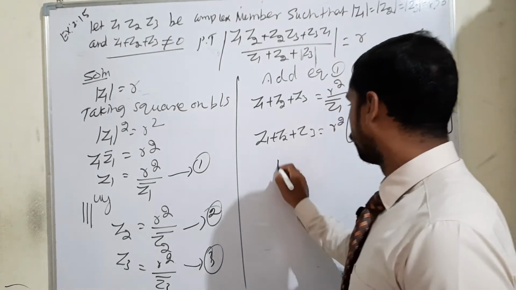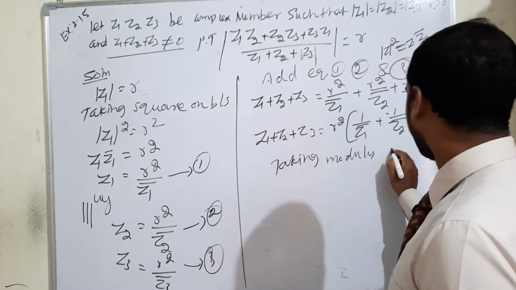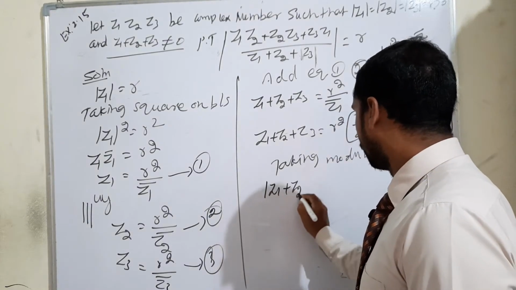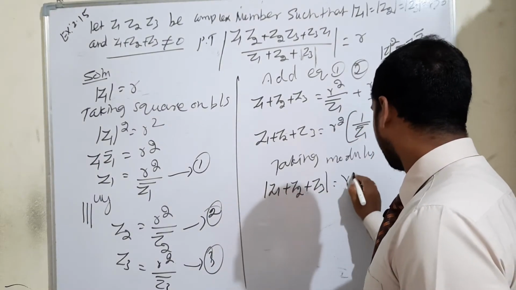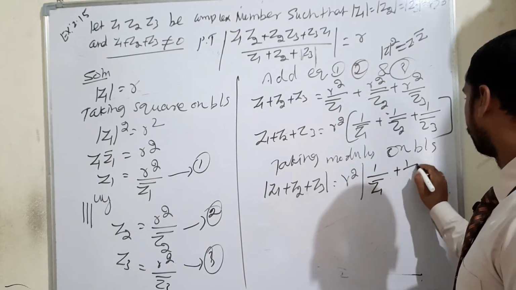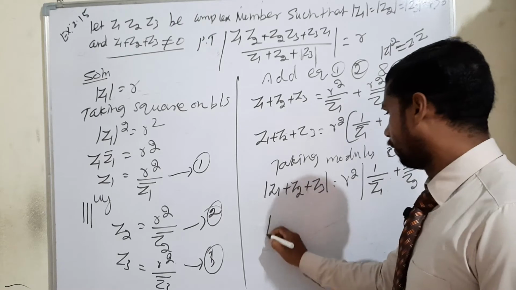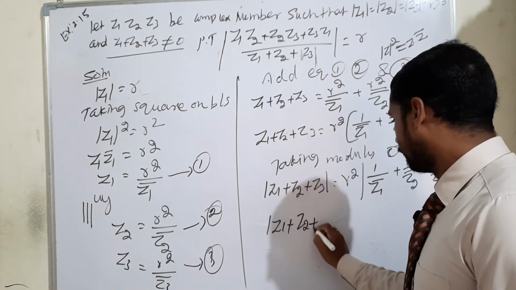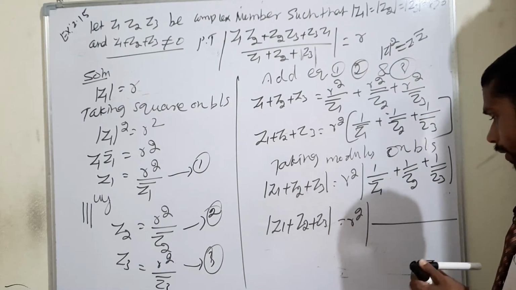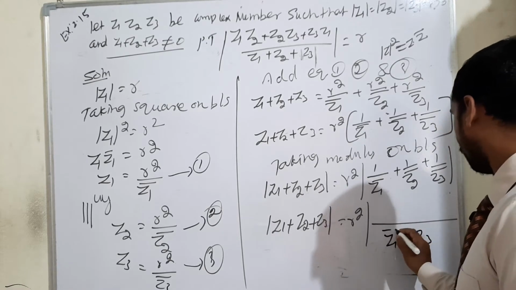Now taking modulus on both sides. What will happen? Modulus of Z1 plus Z2 plus Z3 is equal to R square, a constant, times the modulus of 1 by Z1 bar plus 1 by Z2 bar plus 1 by Z3 bar. Then, taking the common denominator Z1 bar Z2 bar Z3 bar, what will happen?